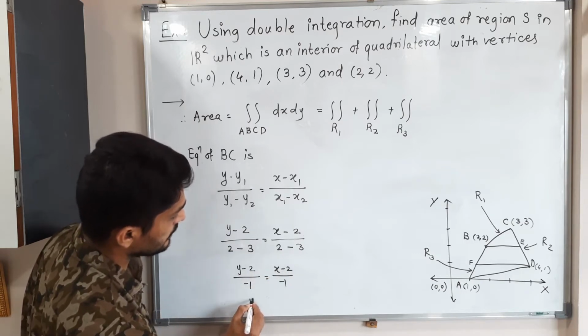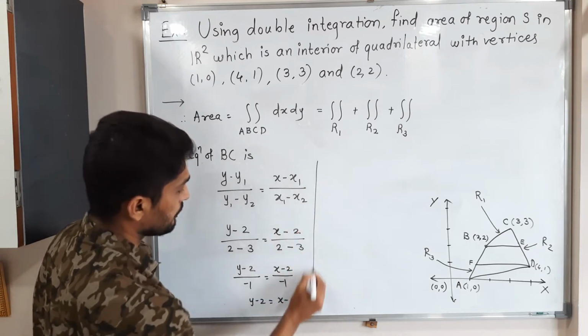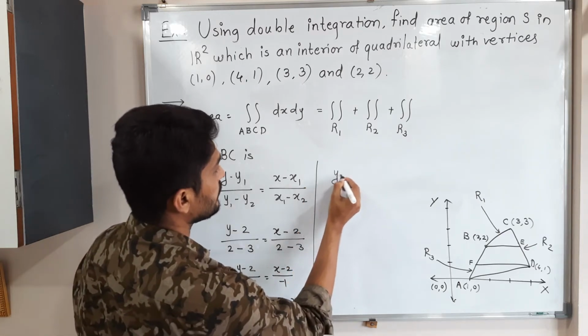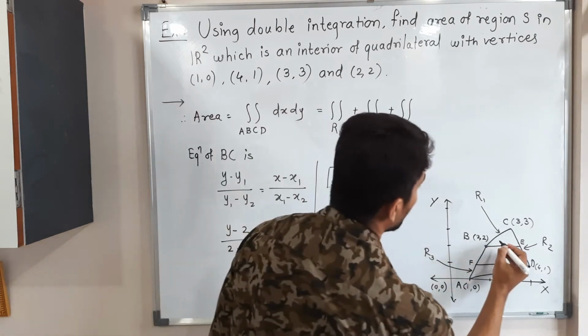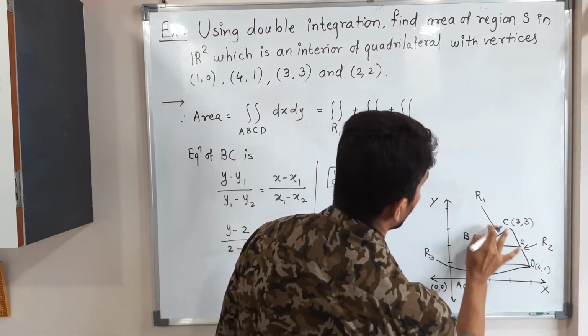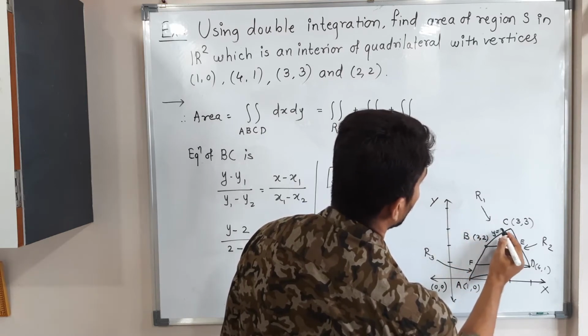Minus 1 and minus 1 cancel, so y minus 2 is equal to x minus 2. The minus 2 cancels, so y is equal to x. So its equation is y equals x.